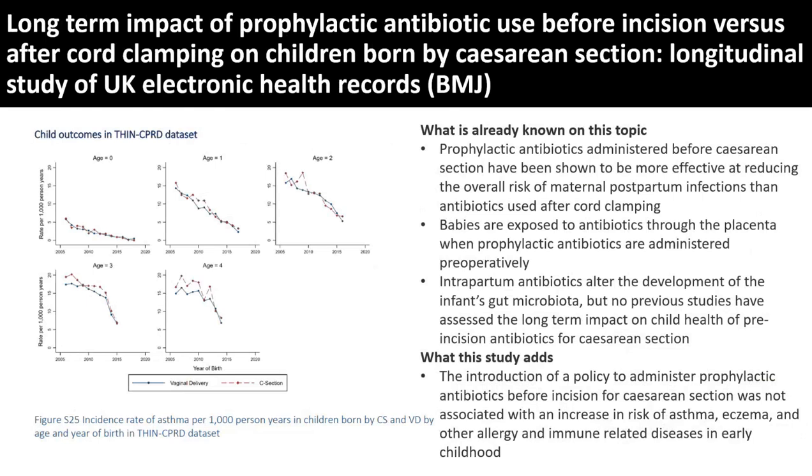This is where we are evaluating a new policy. This is in pregnancy. Previously, people used to give IV antibiotics in a cesarean section once they have clamped the cord, which meant the antibiotic never reached the baby. Now what they do, after a trial, is give the antibiotic at the time of incision to reduce infections.